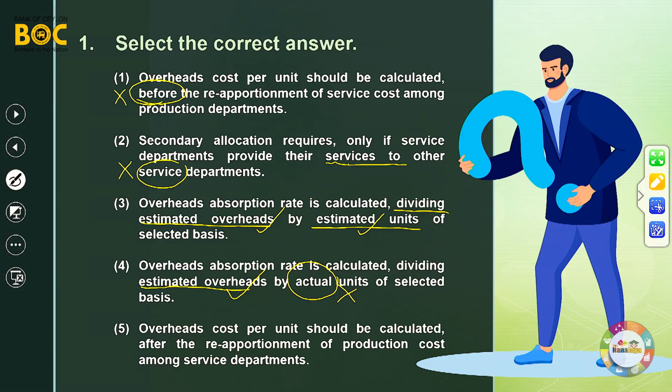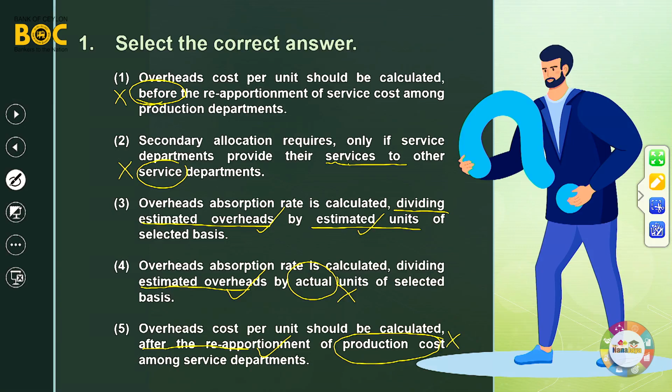Overhead cost per unit should be calculated after the reapportionment of production cost. No, not production cost.